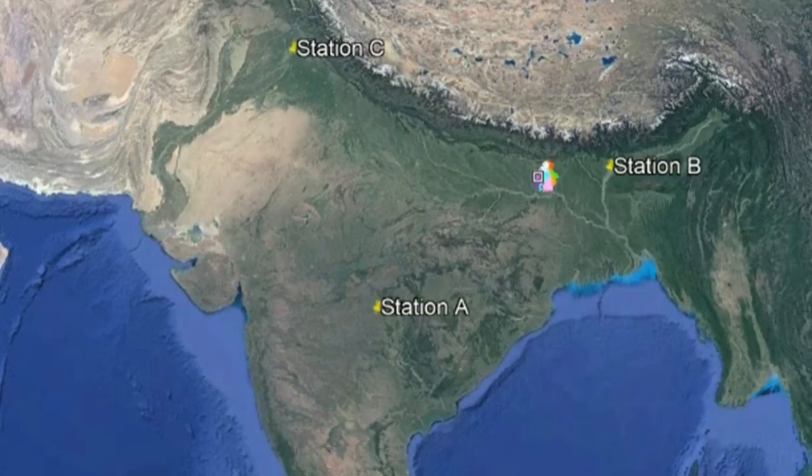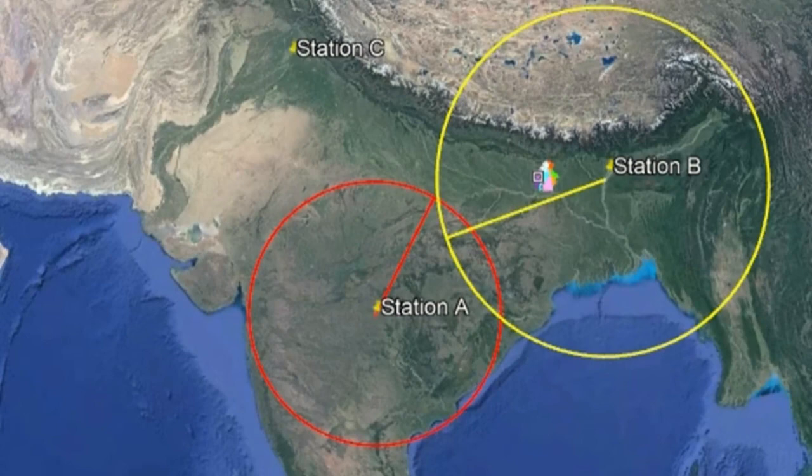Google Earth is capable of drawing circles at any chosen point by using the ruler interface. The epicenter is the location where these three circles intersect at a common point.